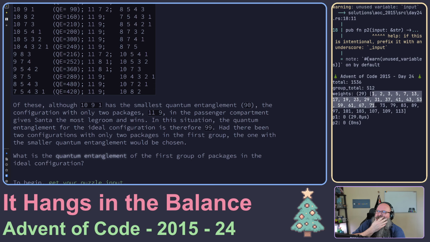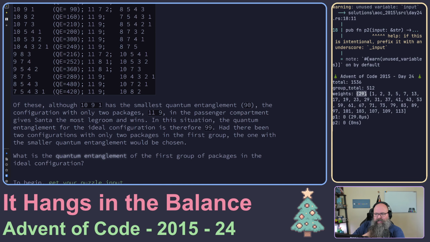Oh, no, that's not the case. Suppose the smallest... We want the smallest number of boxes. It's never going to be more than 29 divided by 3, right?